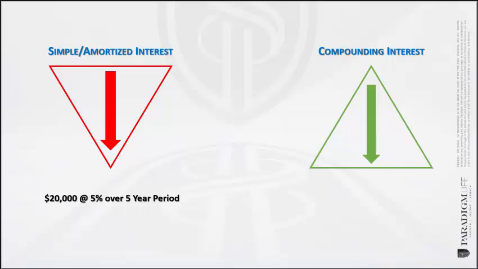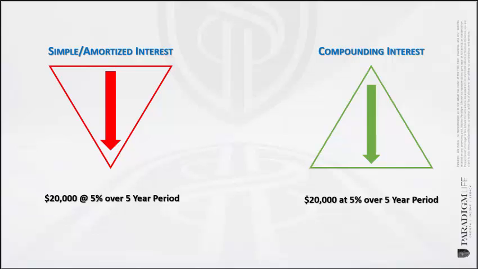So let's look at some numbers here, and we'll pull in $20,000 and look at an example of $20,000 at 5% over a 5-year period. So this is a $20,000 loan at 5% over a 5-year period versus having $20,000 sitting in an account earning 5% over this 5-year period.